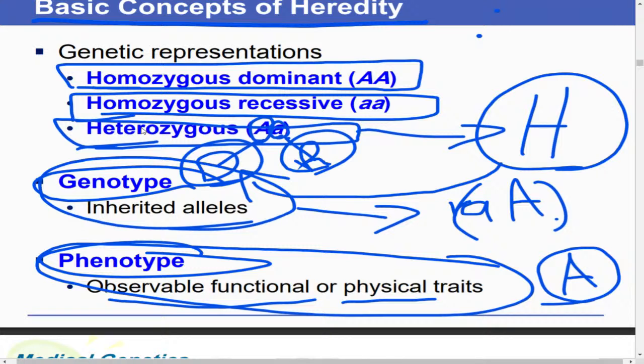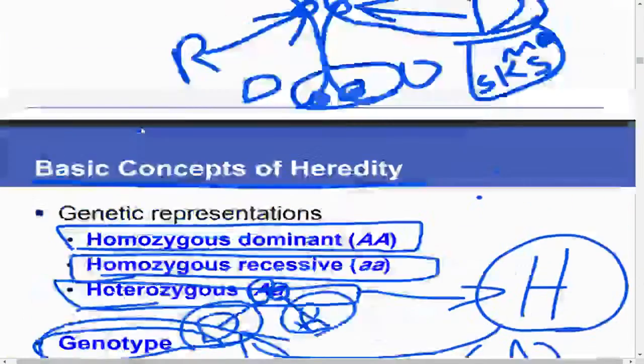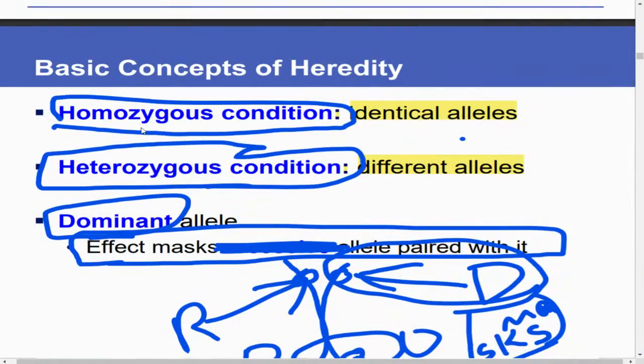Basic concepts: homozygous, recessive homozygous, dominance, heterozygous, genotype, and phenotype. Heterozygous means different alleles, and we know what alleles are.